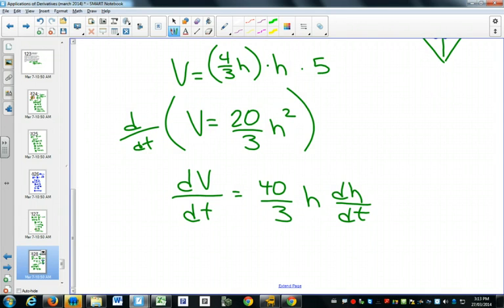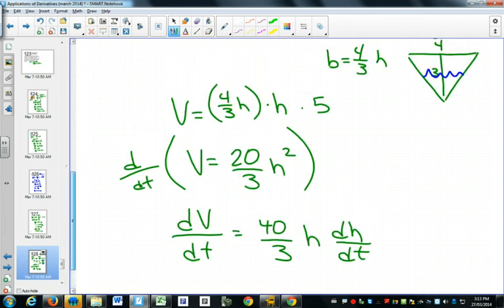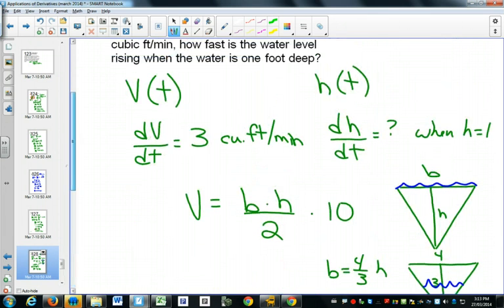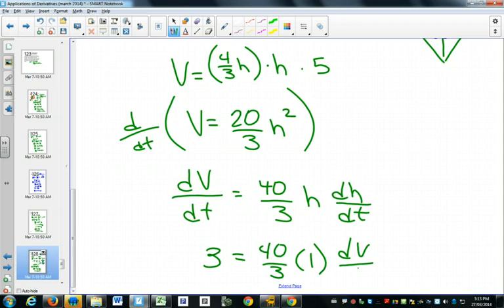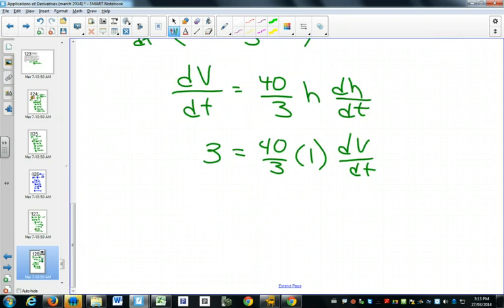And we're finding it when the height is 1, and dV/dt is 3. So 3 equals 40/3 times 1 times dH/dt.